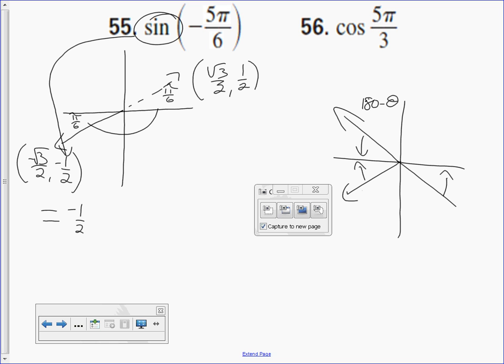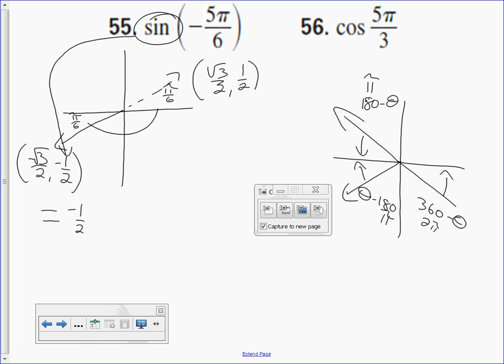Third quadrant, it's angle minus 180. And fourth quadrant, it's 360 minus the angle. Or in terms of radians, it's pi or 2 pi. That's how that works. Your reference angle always bounces you to the x-axis. How far are you away from the x-axis? That's how the reference angle works.